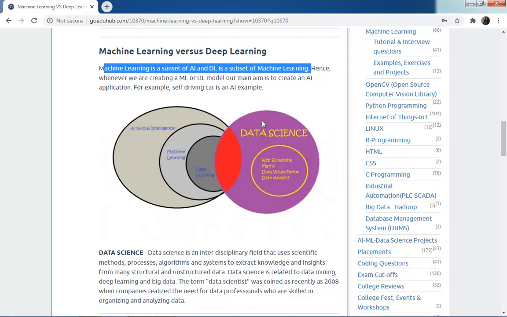There are lots of fields inside data science. You can do your master's degree in data science. Even it will take 2 years. So I cannot say you can complete data science, but it has lots of things. And AI, ML and deep learning is a small part of data science.